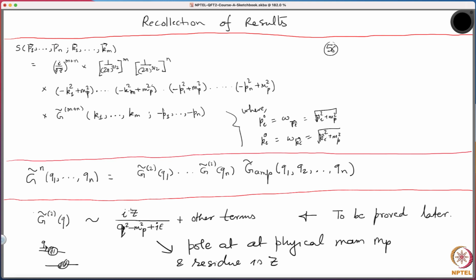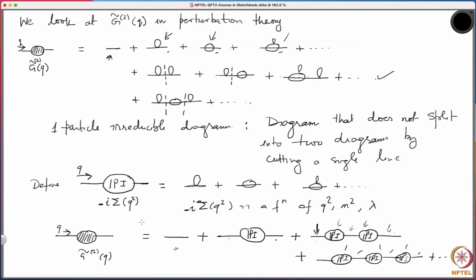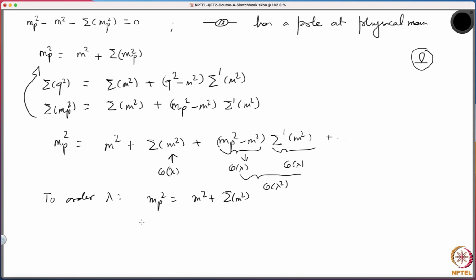It's I times Z, but I will not say I times Z, I will just say Z. So the residue is Z or I times Z. So let's find out Z from perturbation theory. That's what we want to do: finding the residue of the pole in perturbation theory.